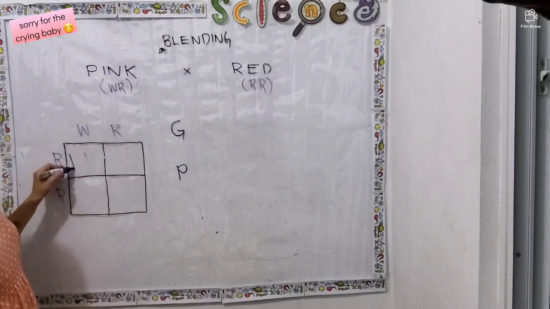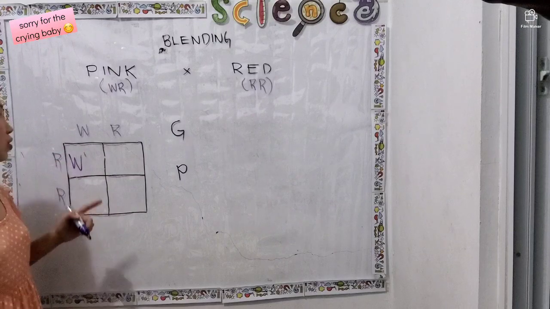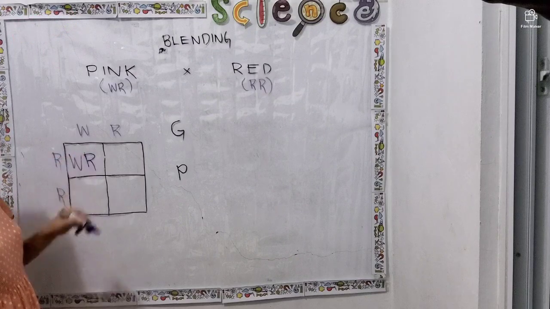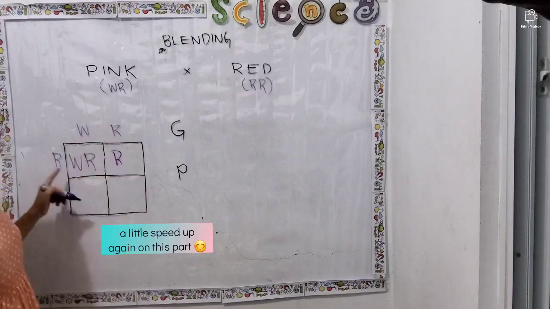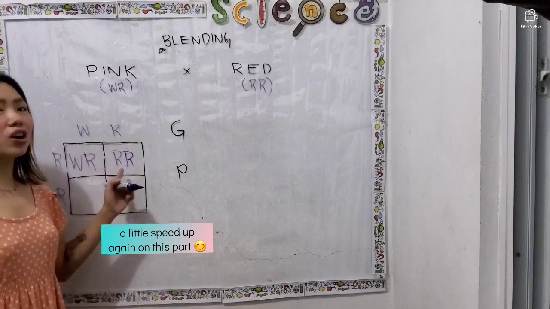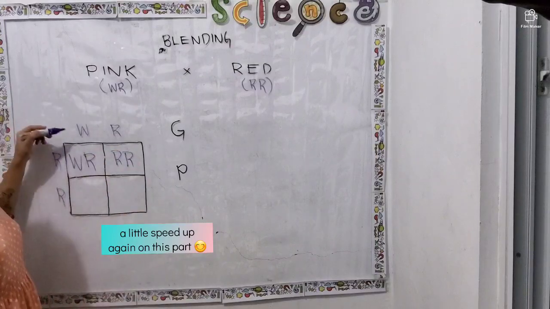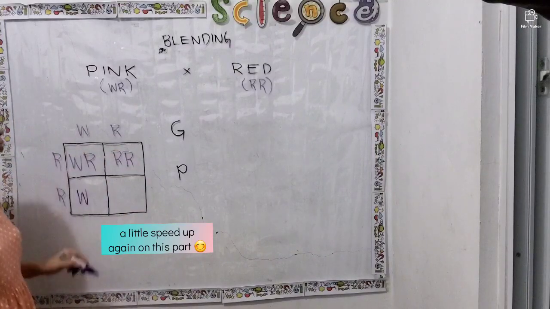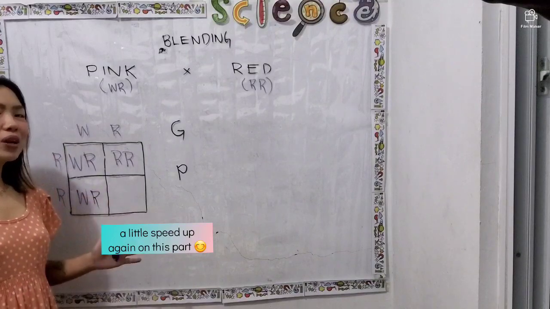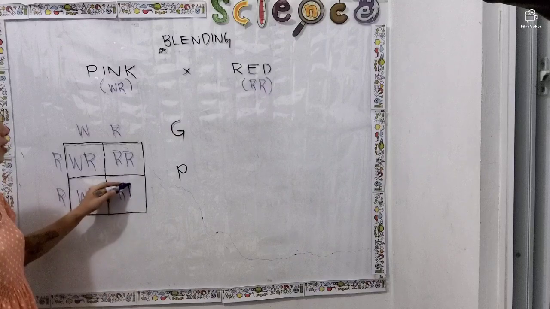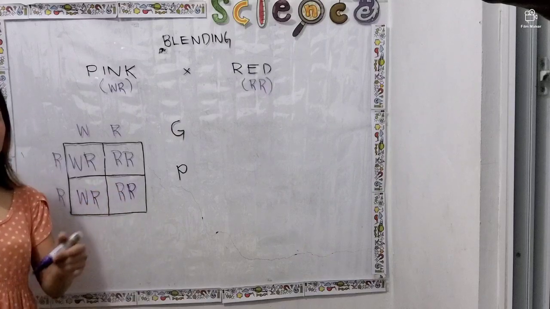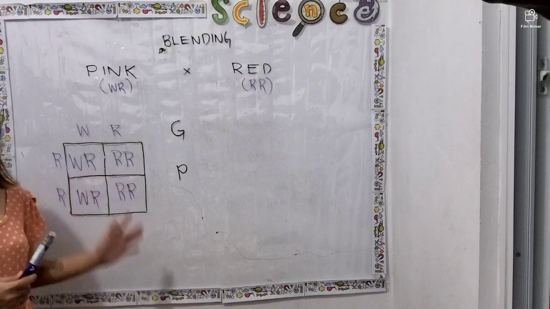Yung letter sa taas, which is W, at yung letter sa tagiliran, which is R. And R as well on its side.